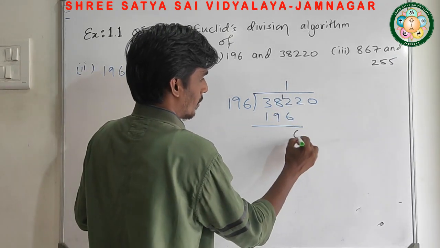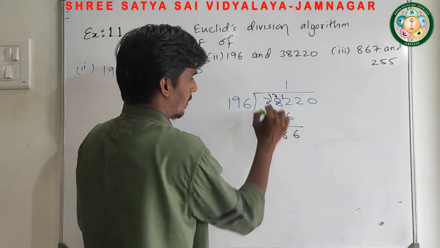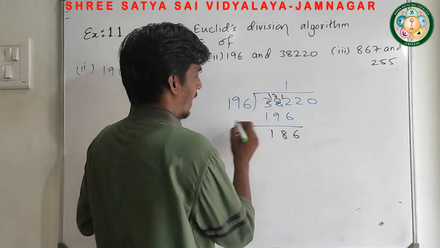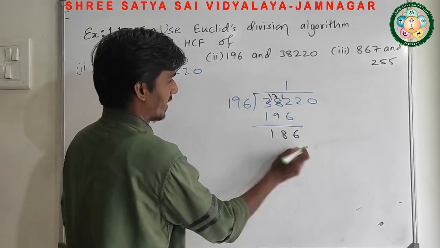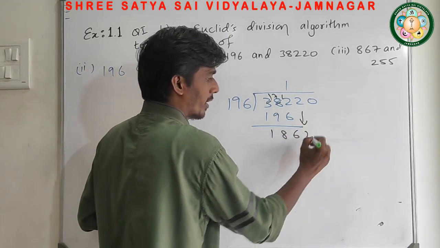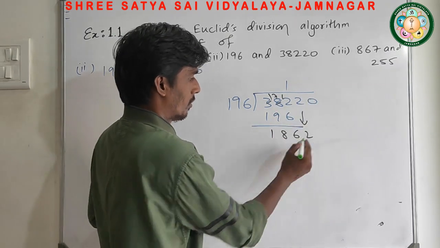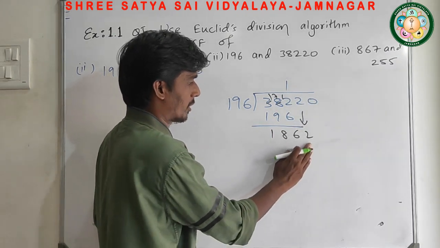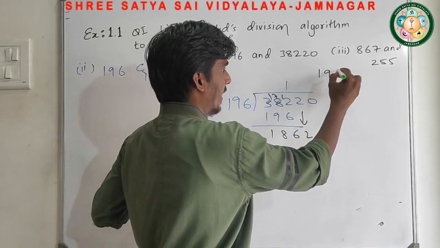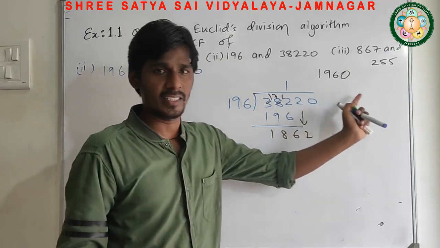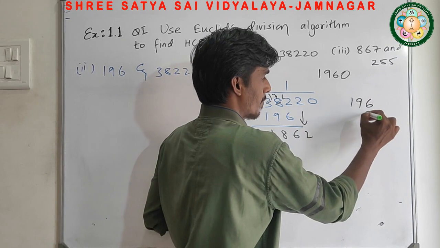Here it's 1, as 196 is greater than 38. Now 186 is not divisible by this, so take 2 here, because 2 numbers are still there, we have to completely divide it. Now 196 times 10 is 1960, which is nearest to 1800.